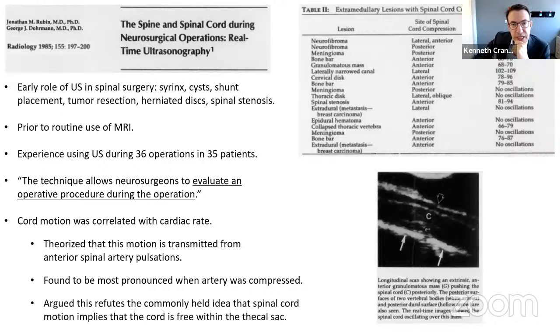And we've certainly seen cases where you do the laminectomy, and then you get the ultrasound out and you look at the spinal cord, and the spinal cord is almost filling the entire thecal sac. And we've definitely chosen in some of those patients to perform expansile duroplasties. So I think the ultrasound is very useful in that regard.